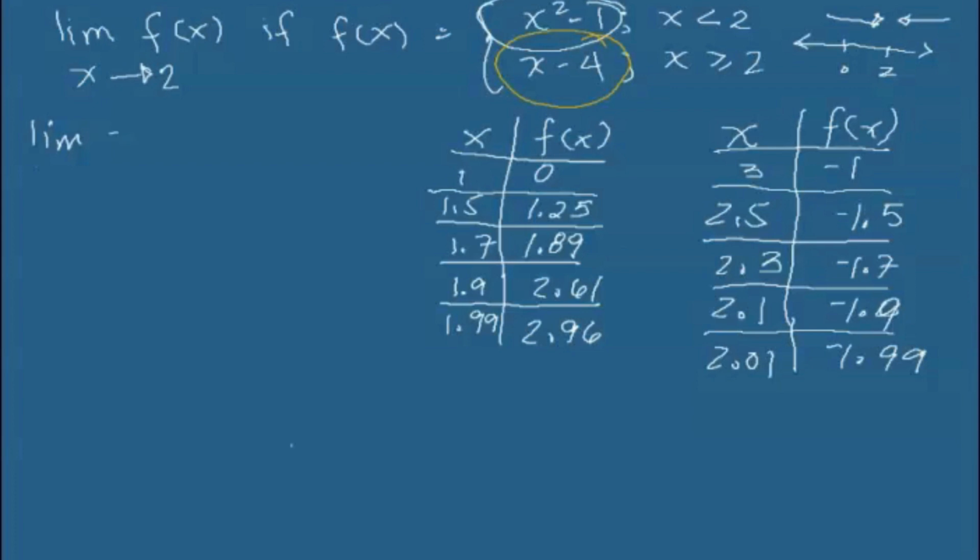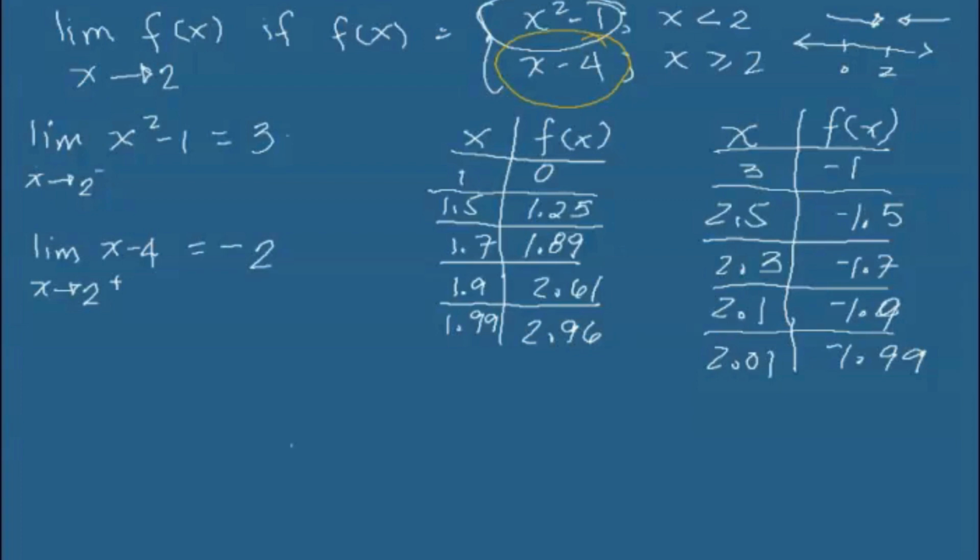So we have the left-hand limit, x squared minus 1 as x approaches 2 from the negative side. It's approaching 3. And for our right-hand limit, we use the function x minus 4, as x approaches 2 from the right, and as we can see, it's approaching negative 2.